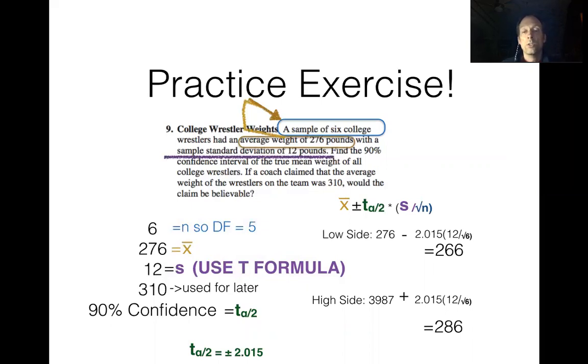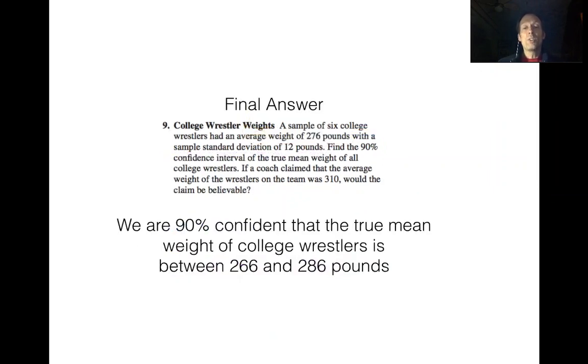Okay, so it looks as if we have this other question down here, because the coach is claiming that there's a wrestler that weighs 310 pounds. Would that claim be believable? Well, let's start to consider everything that we know. First of all, we're 90% confident that the true weight of the wrestlers is in between 266 and 286 pounds.